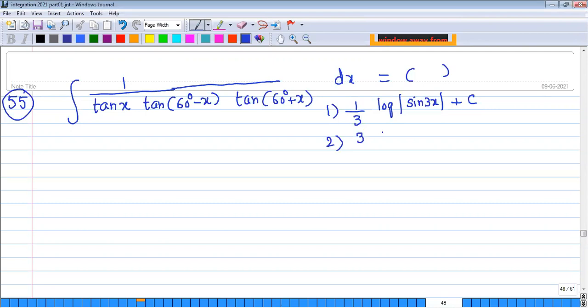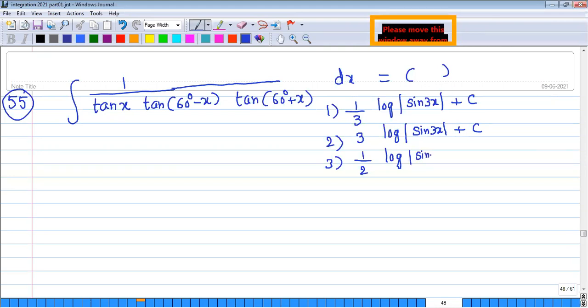Second: 3 times log of sin 3x plus c. Third one: 1 by 2 times log of sin 3x plus c. Fourth one: 1 by 3 of log mod cos 3x plus c.